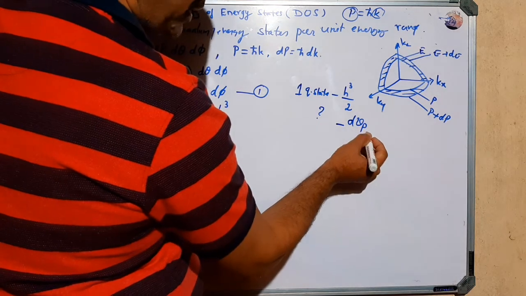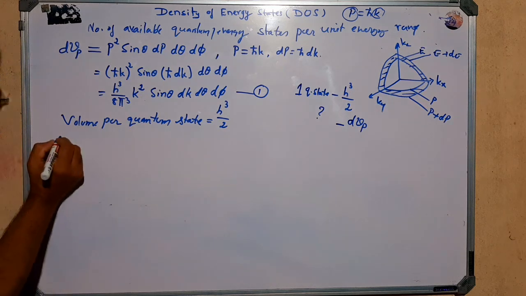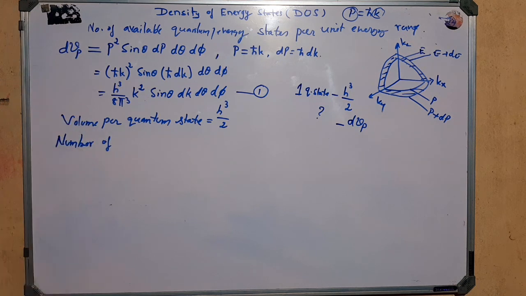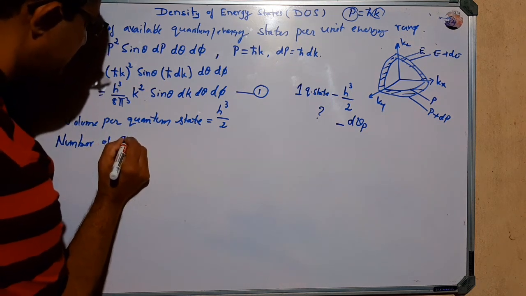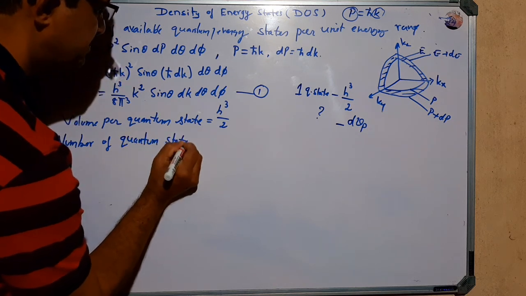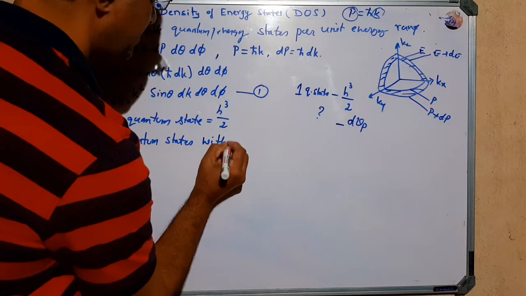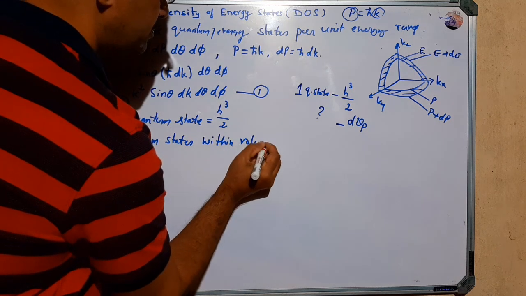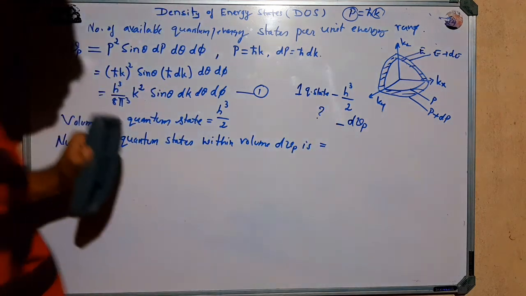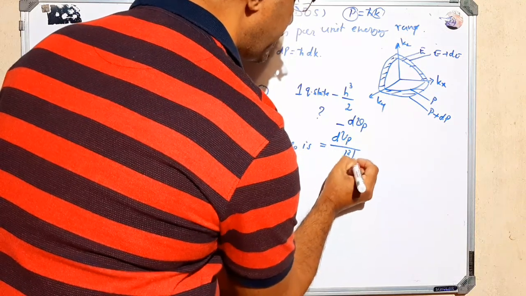That is dVp divided by h cube by 2. Therefore, the number of quantum states within volume dVp is dVp divided by h cube divided by 2.